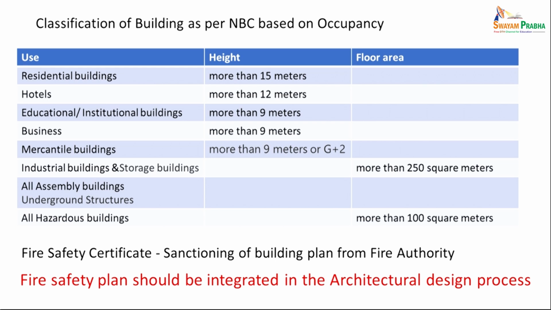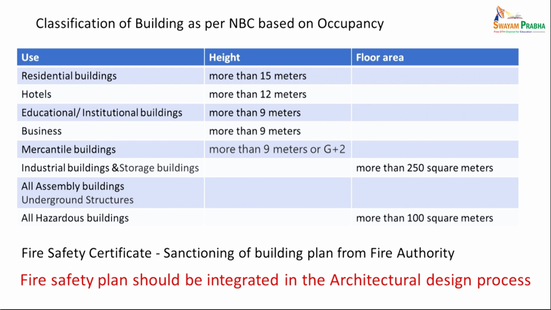Educational institutes, more than 9 meters, will come under fire safety certification. Business buildings, more than 9 meters, need to be passed by the fire department within a city, which will give the certificate. Mercantile buildings more than 9 meters or G+2, that means a 3-story building or 9 meters, whichever applies, have to be certified by the fire safety department to start the building.